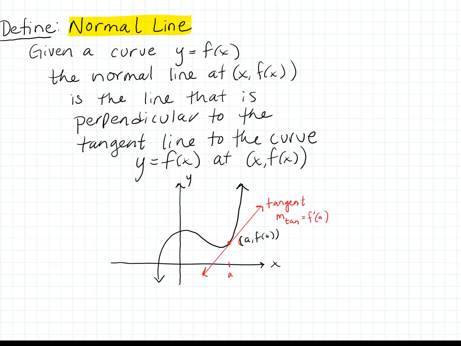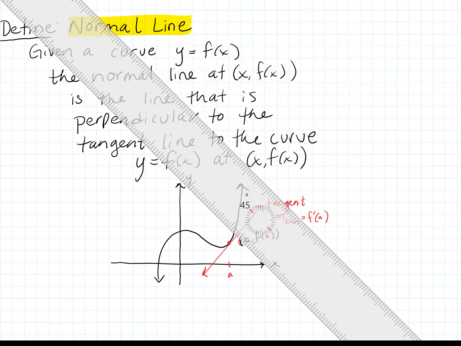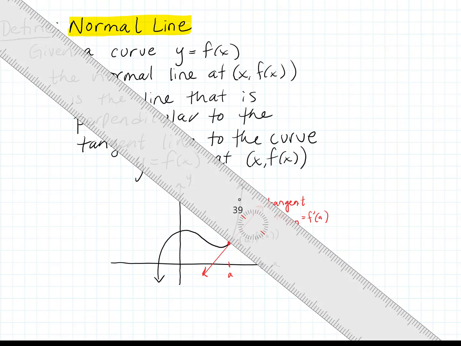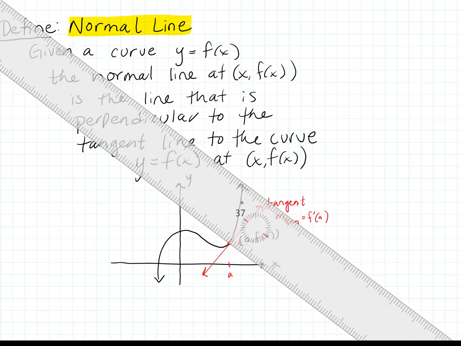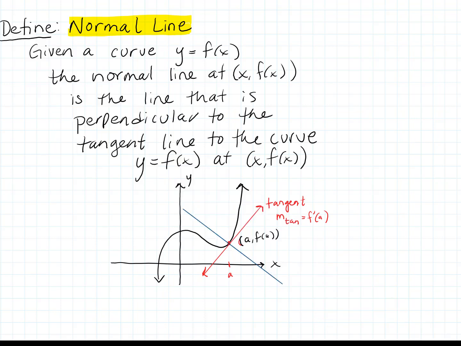And the nice thing about normal lines is they're perpendicular. So if we were to get in here and draw the perpendicular line, it's not going to be exactly perpendicular. I should have looked at the angle of the tangent line, but we'll eyeball it. This will be close enough.